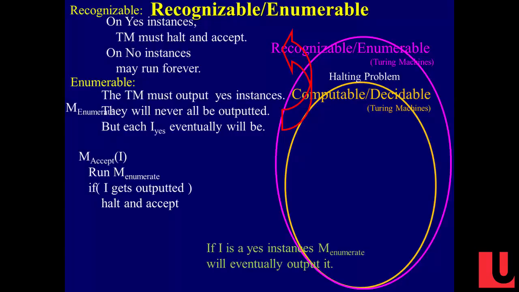This Turing machine, enumerate, has no input, it runs forever, and what it does is it outputs yes instances. And the point of it is that each yes instance will eventually get printed. But then it's going to halt. No, because there's an infinite number of yes instances. It's never going to halt.